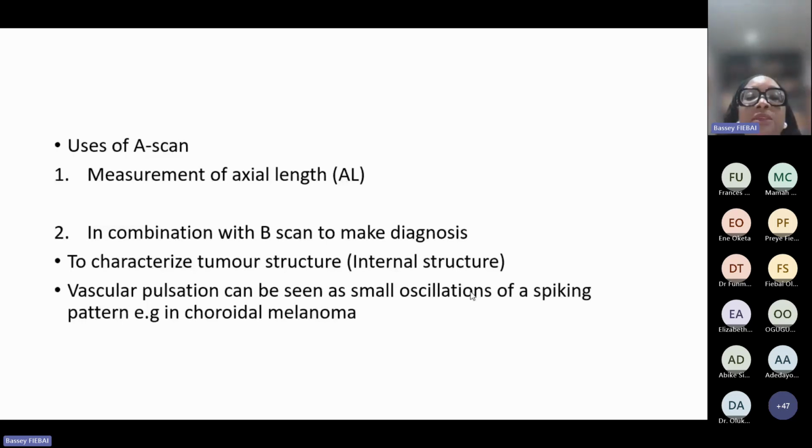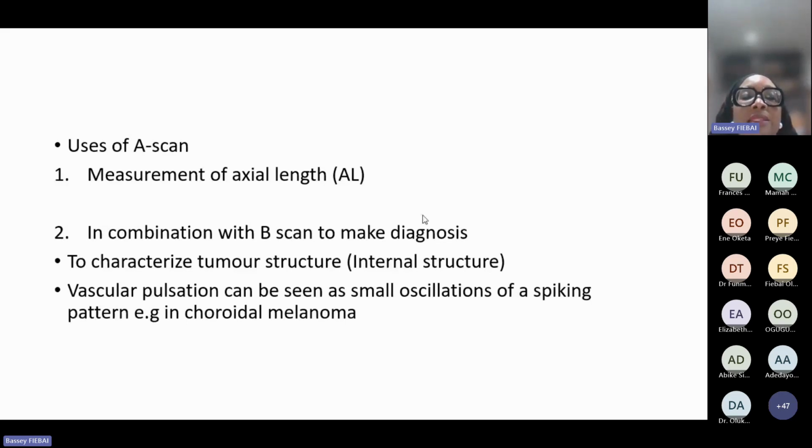So for instance, if you're looking at a tumor, you want to know if it is homogeneous or if it is heterogeneous in consistency. If it is homogeneous, you will see uniform spikes. If it is heterogeneous, you will see irregular spikes, some high spikes and some low spikes.